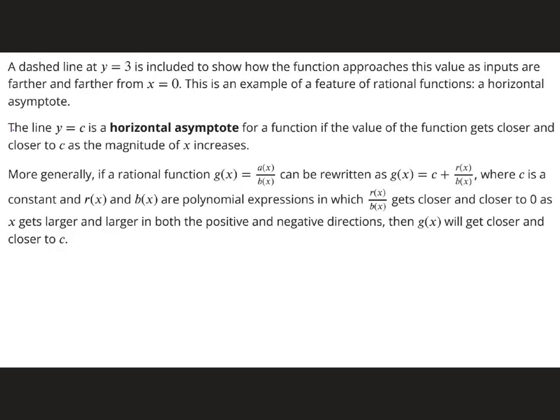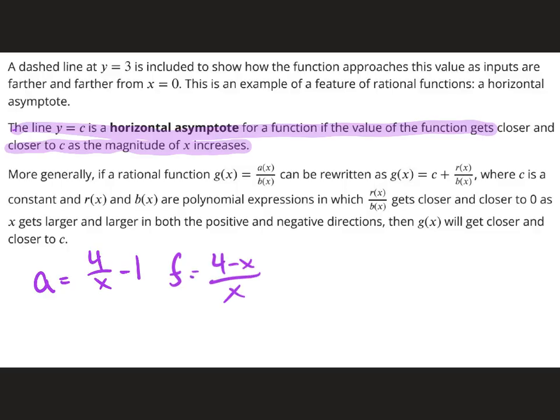Okay, so finally, let us highlight this whole sentence today. Let me take one of the problems from the previous one. If I take function A, A was 4 over x minus 1, and its equivalent was F, which was 4 minus x over x.